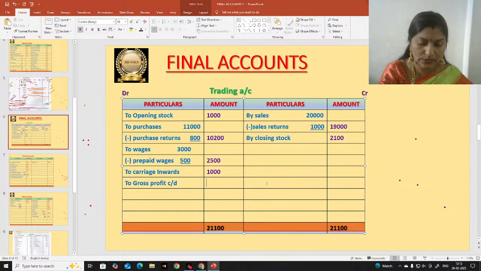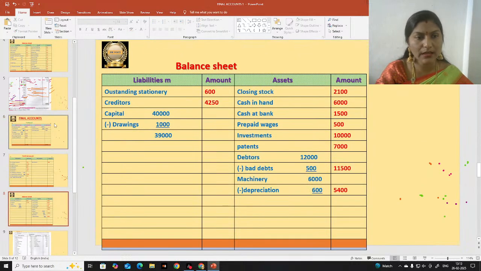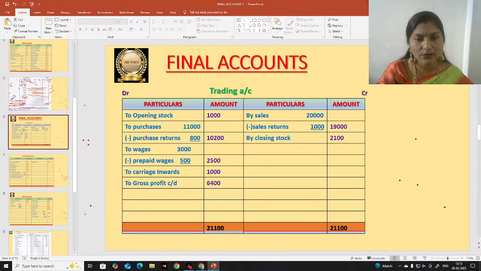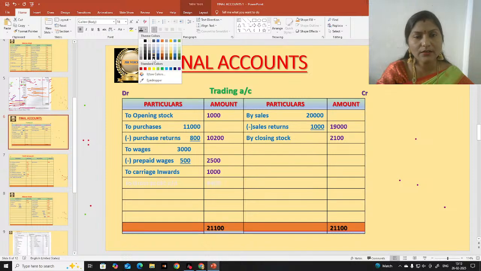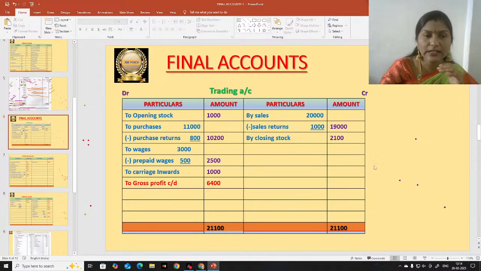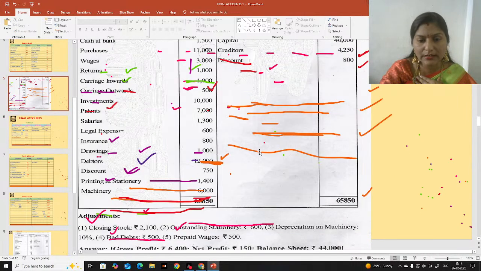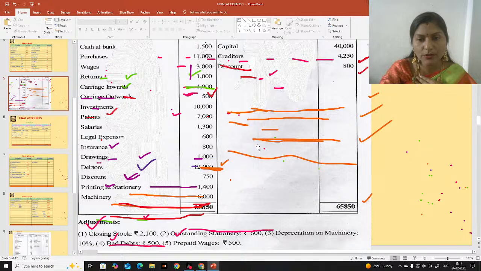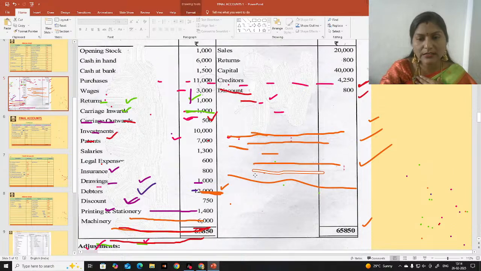You see how much you are getting. You will get 6,400. That is gross profit. 6,400 is a gross profit. So this is answer in trading account, because whenever we balance the account we will get the answer, and debit side amount is less, that is why we are getting gross profit on the debit side, that is 6,400. Hope that is clear, students. So gross profit is how much here? It is 6,400.